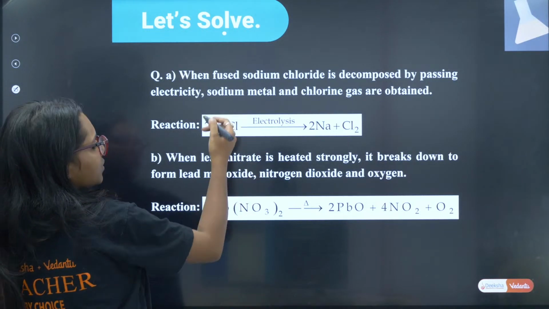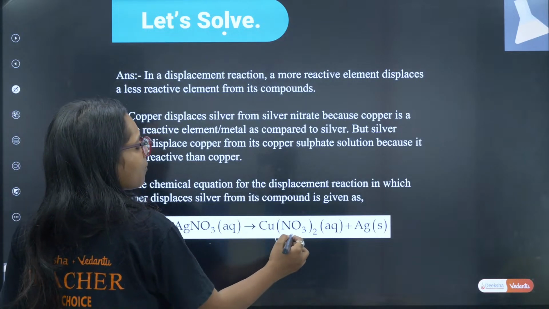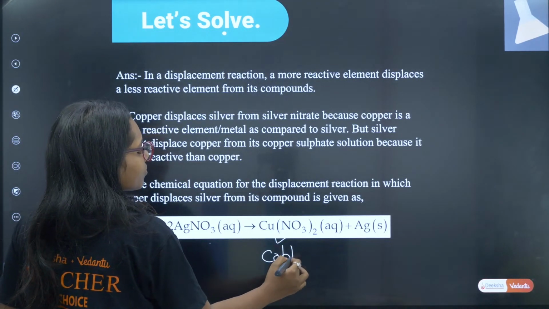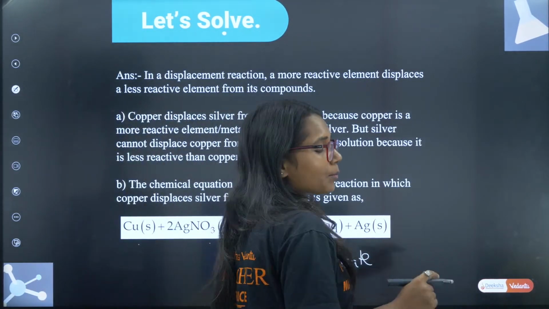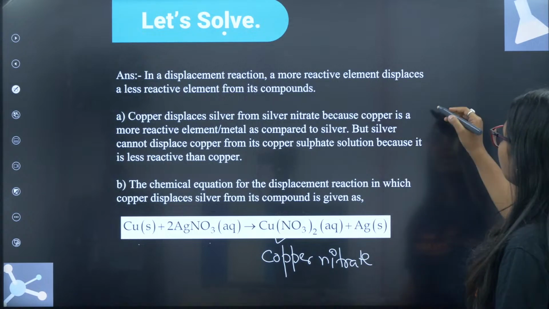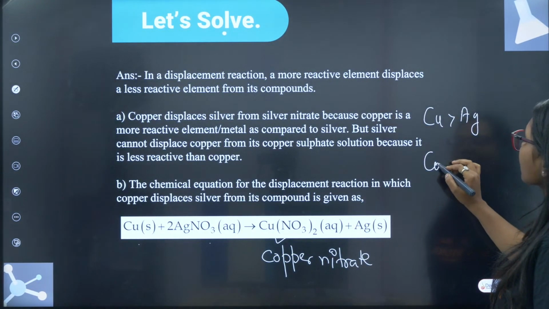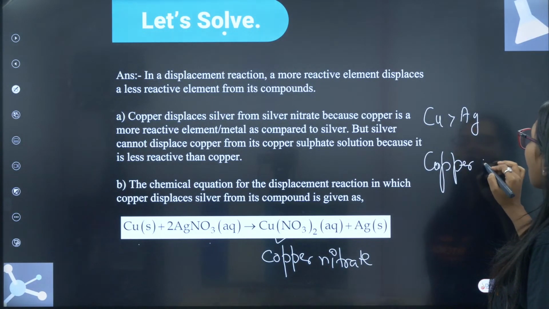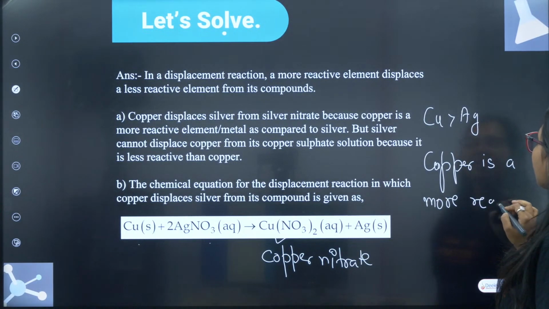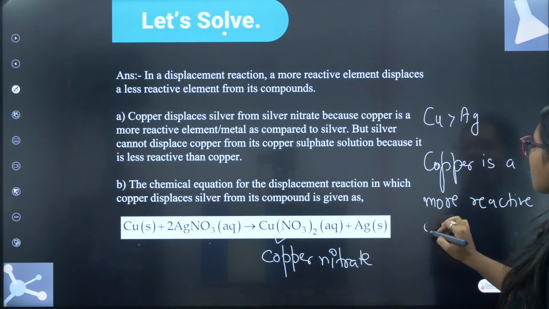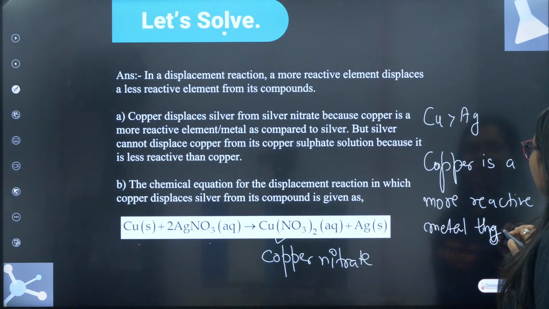This we have done. Just have a look here. Copper plus AgNO3 will form copper nitrate. This is possible because copper is a more reactive metal than Ag, right?